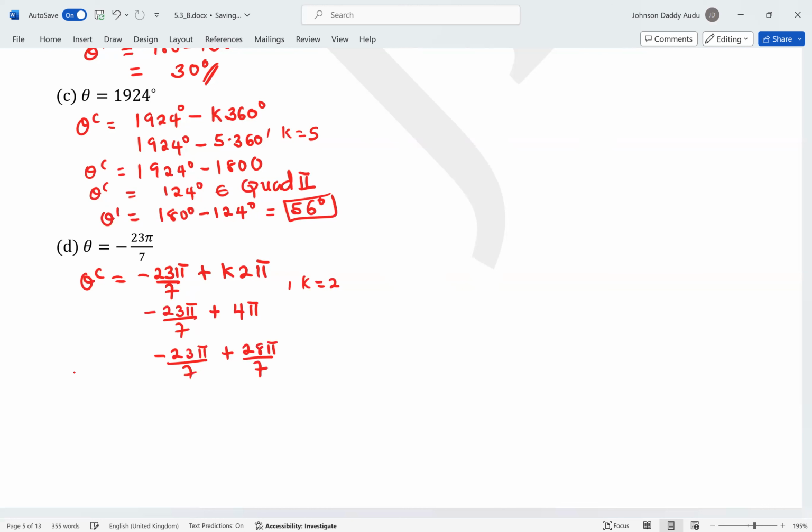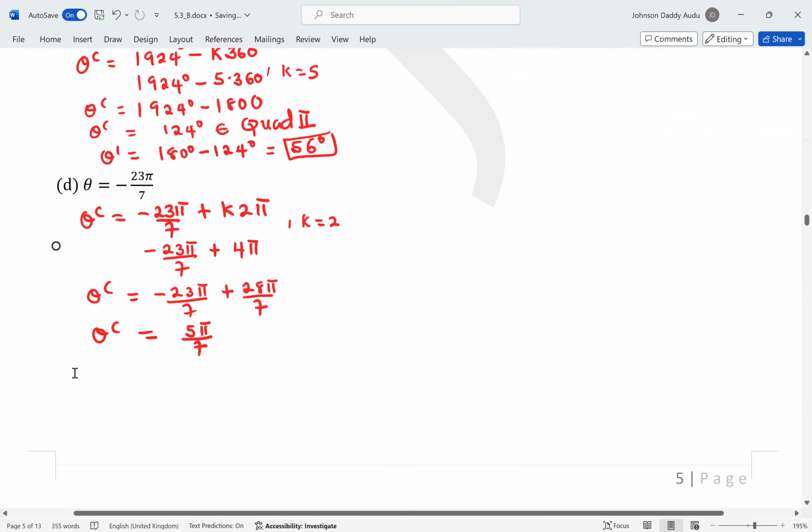So now this coterminal is nothing but 5 pi over 7. All right. Now, 5 pi over 7 is in which quadrant now?